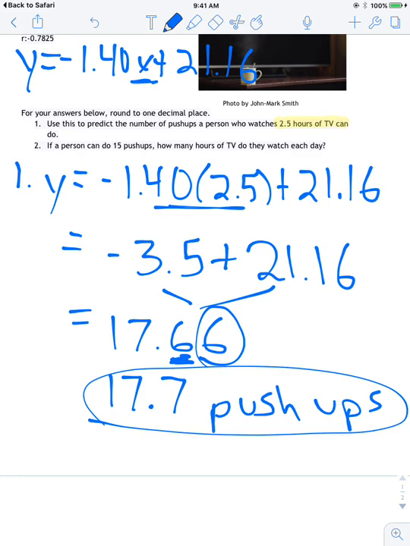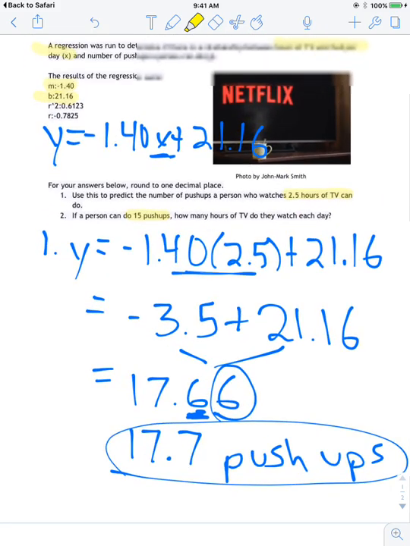All right, for question 2, it says, if you can do 15 push-ups, how many hours of TV do you watch each day? Now, if we look back up at our problem, push-ups is the y variable. So we're going to replace y with 15.